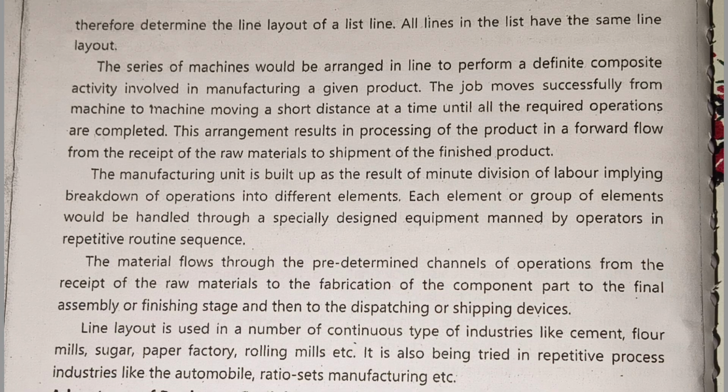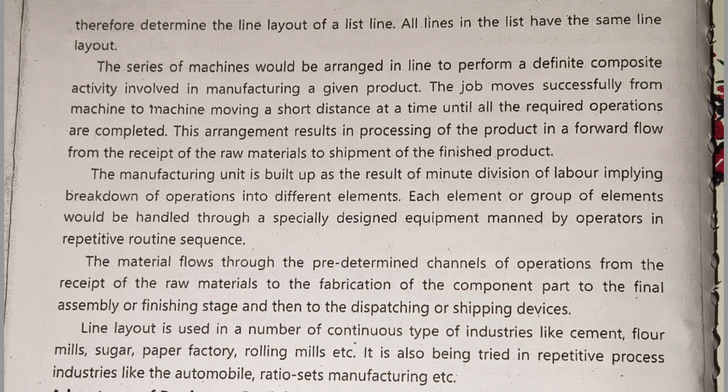The manufacturing unit is built up as the result of minute division of labor, implying breakdown of operations into different elements. Each element or group of elements will be handled through specifically designed equipment manned by operators in repetitive routine sequence.